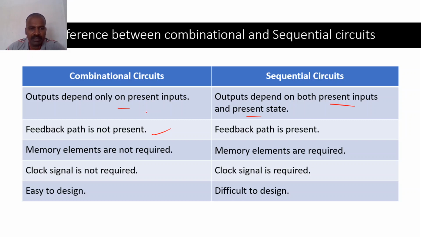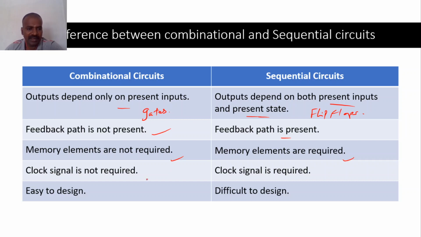The examples for combinational circuits are gates. In sequential circuits, the feedback part is present, and memory is needed because the output depends on the present state also. The example here is flip-flops. In combinational circuits, memory elements are not required, and in sequential circuits they are required.